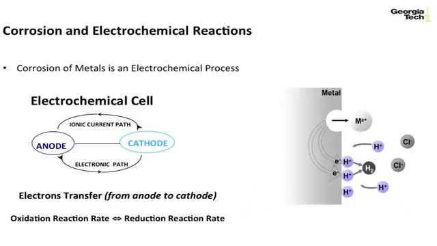Now for corrosion, when metal is dipped, these 2 anodic and cathodic processes can happen at the same metal surface as shown here. You can have oxidation of metal producing metal ions, and at the same time, adjacent to that, protons can consume those electrons left behind, producing hydrogen gas.